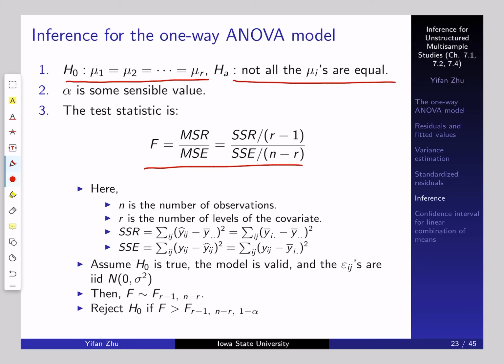We are using MSR divided by MSE, where MSR is SSR divided by r minus 1, and MSE is SSE divided by n minus r. Okay.